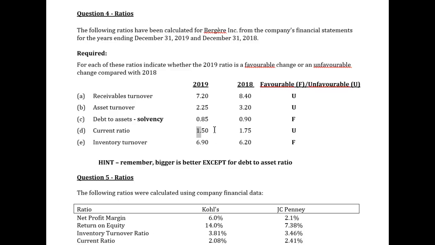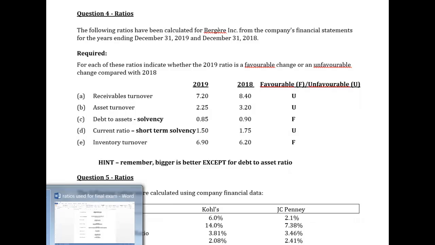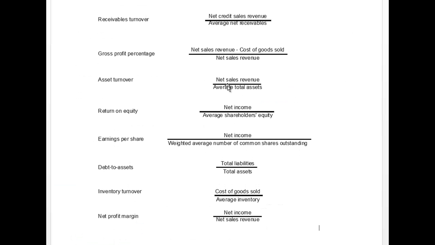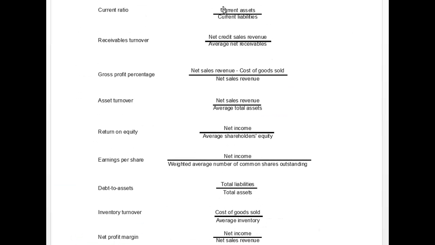Now, if you look at the current ratio, that tells us how solvent we are on a short-term basis. So do we have enough current assets to cover our current liabilities? If we have a look at our formula, you can see our current ratio looks at current assets to current liabilities.